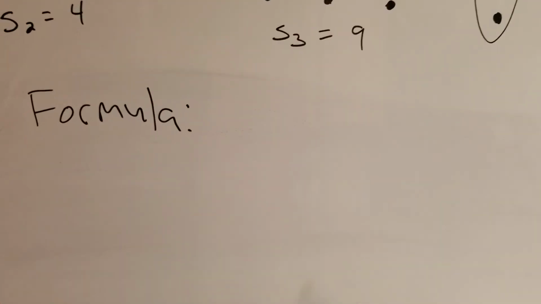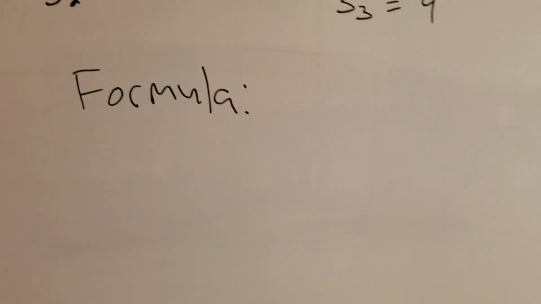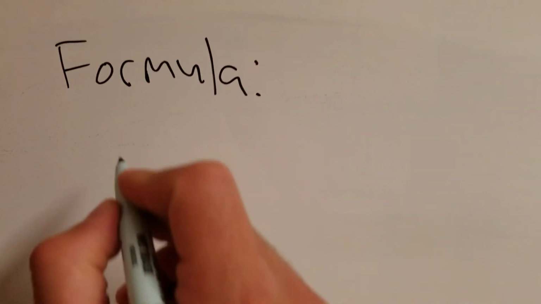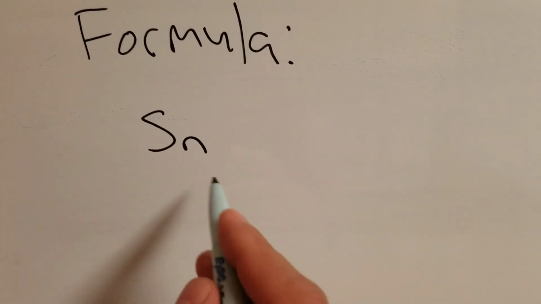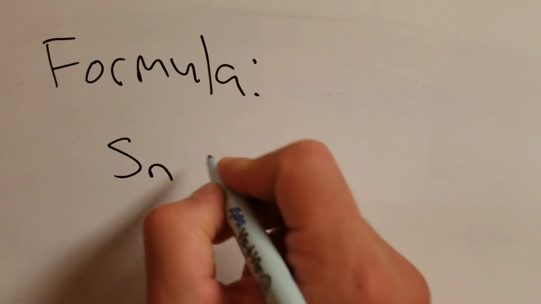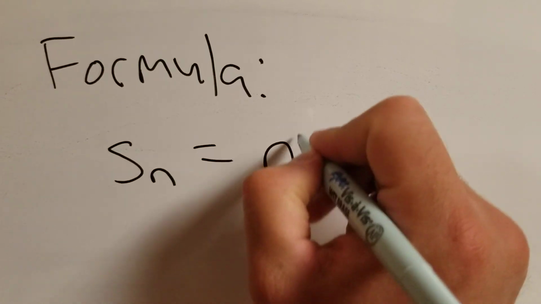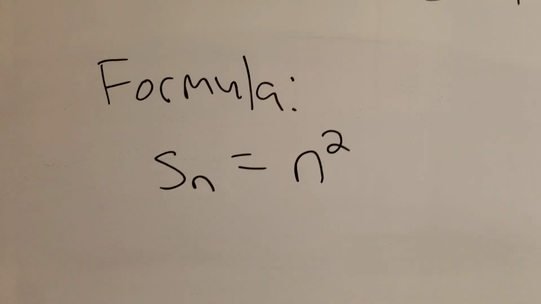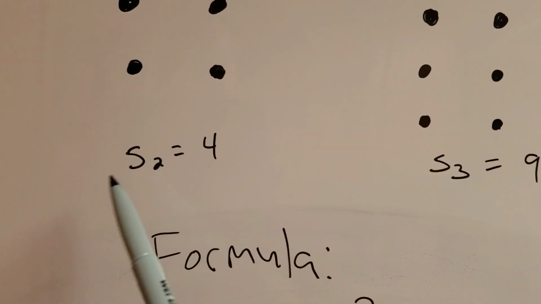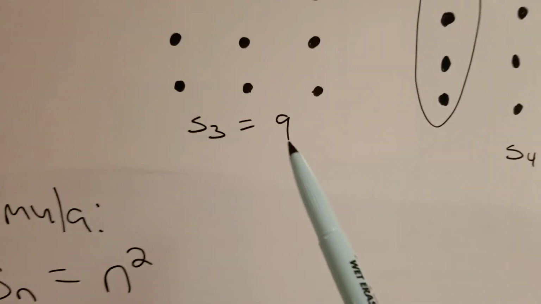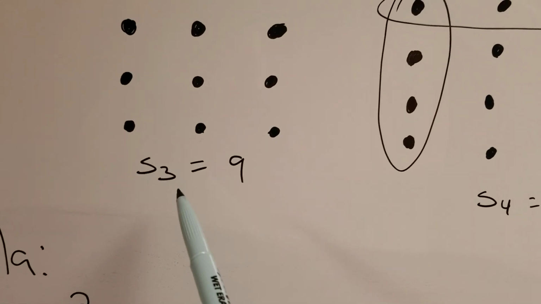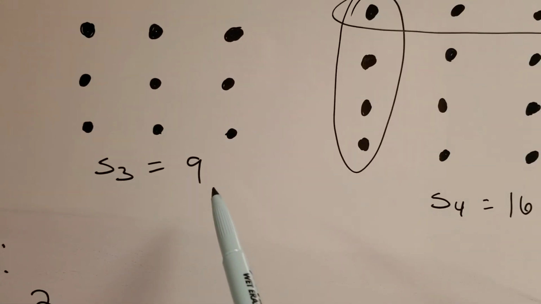So if I were to write a formula for this, using the idea that we just learned, we could call this formula S sub n. N is just a variable, the number we're going to use, and S sub n is always going to equal n squared. We've seen here, when n is 2, it's going to equal 2 squared, which is 4. When n is 3, S sub 3 is going to equal 3 squared, which is 9.